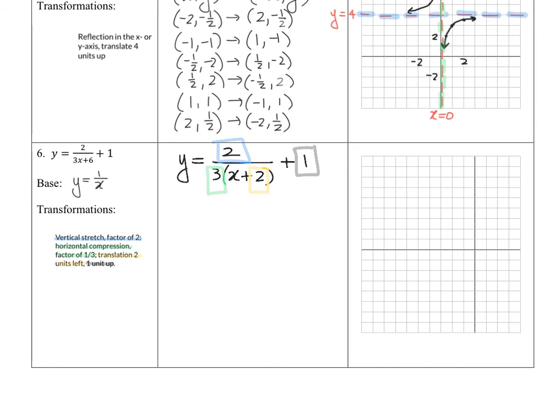So again, based on all of this information, we know that our asymptotes, or origin, will intersect at -2, 1. -2 being the 2 units to the left, and then the 1 being the 1 unit up. So let's start by plotting those asymptotes down right away.